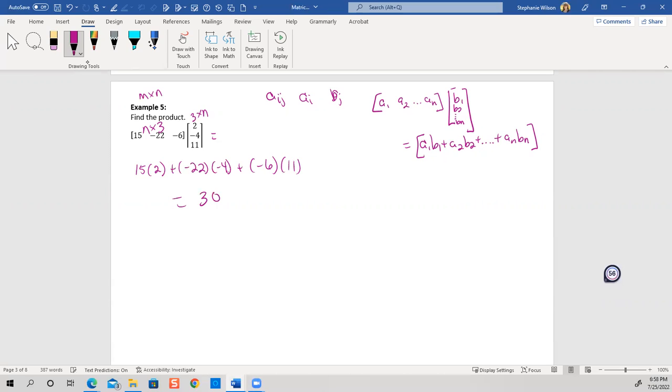I got a negative 22 times a negative 4 becomes positive 88. And then we have a negative 6 times a positive 11, so it gives me negative 66. So now I have 30 plus 88 minus 66 gives me 52. And that is our answer.